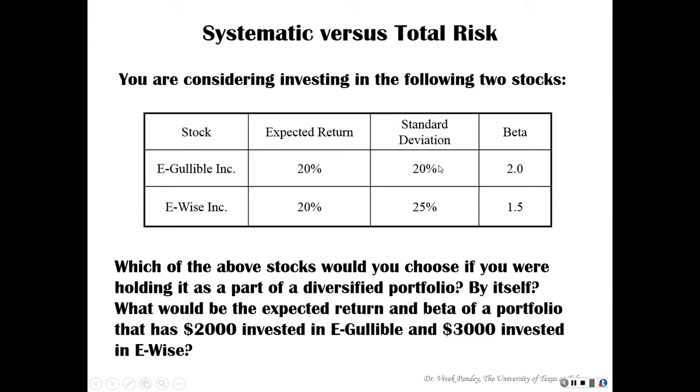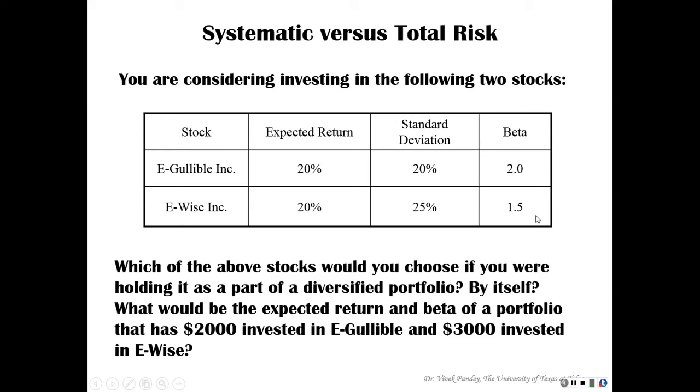So we'll go with the low coefficient of variation if we were just looking at investing in one stock, right? But typically, people don't hold just one stock portfolios, in which case beta becomes a relevant measure of risk.